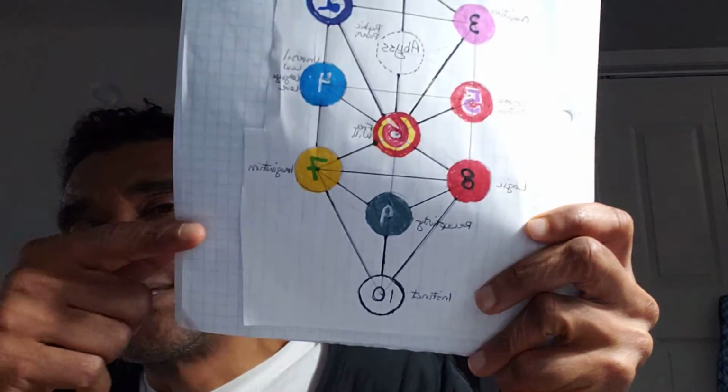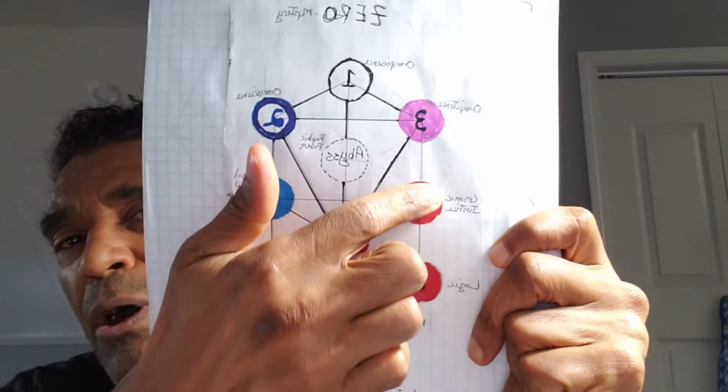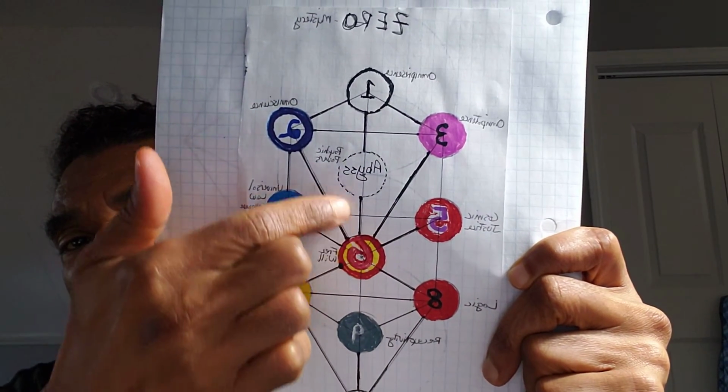So we can describe any episode in history with the tree. It just takes practice. It helps to understand the map first, memorize the configuration, memorize the diagram, and how each of the different spheres, which look like circles, fit together and relate to each other. You can see here on the tree that some of the spheres are connected with other ones by these lines, and so they have some kind of relationship with one another.